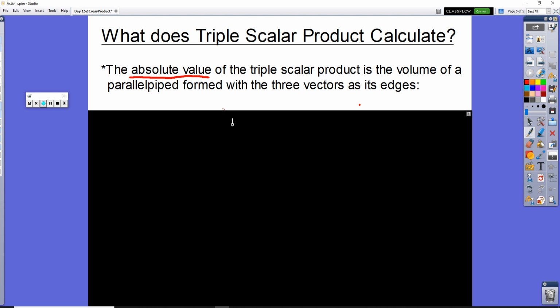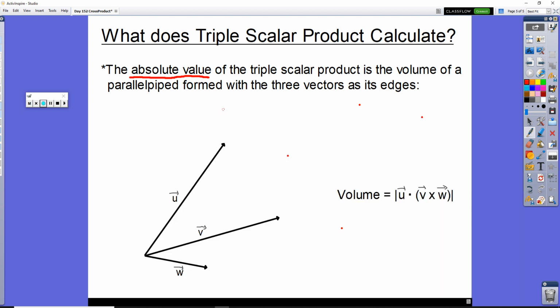And just to show you a picture of what this looks like, you have to imagine this happening in three-dimensional space. If I give you these three vectors, u, v, and w, and ask you to calculate the triple scalar product, what you're actually finding, draw out the rest of this. It's not going to be perfect, but it's going to be pretty good.